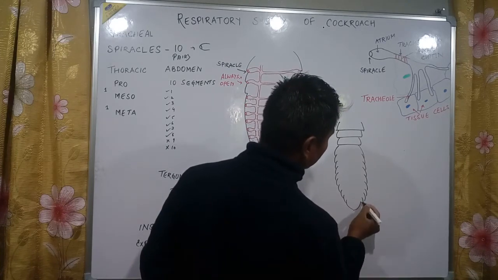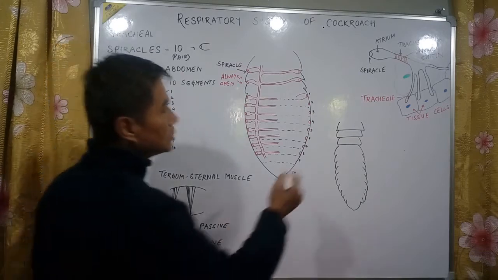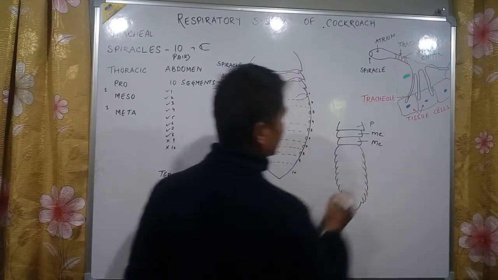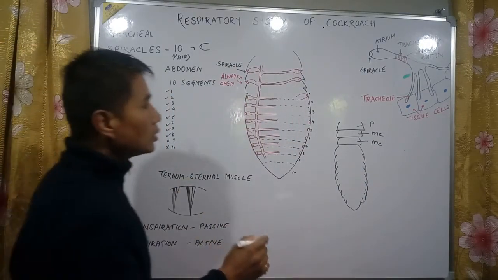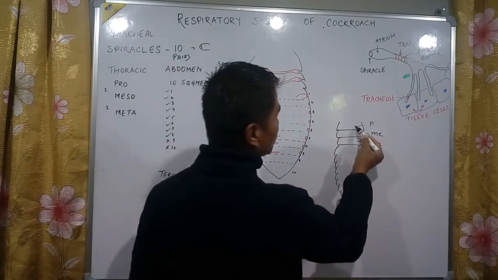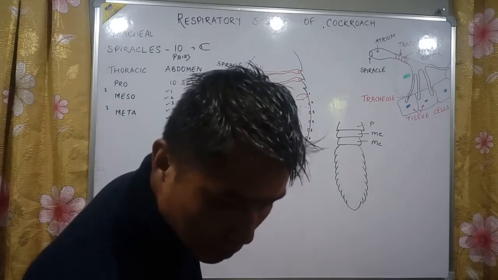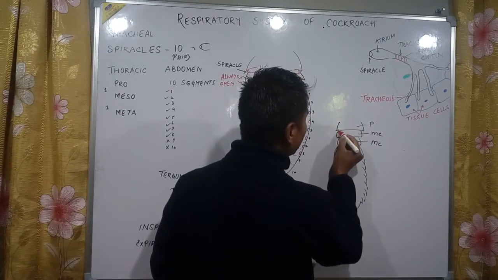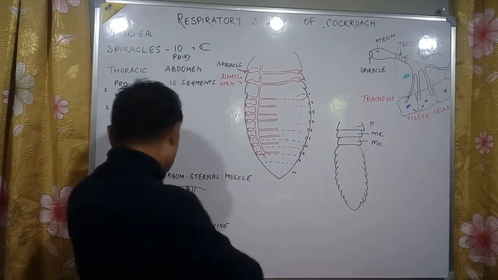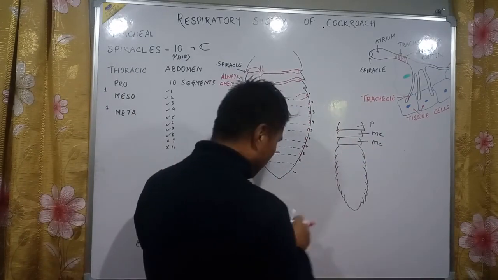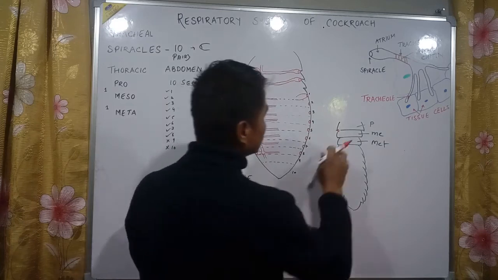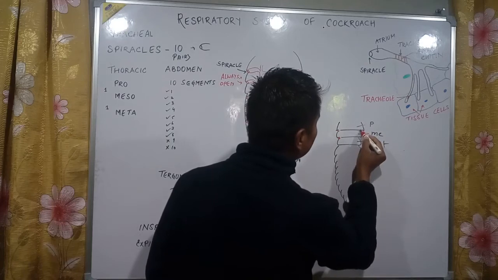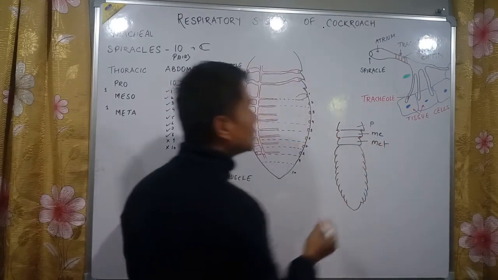Now this is prothorax, this is mesothorax and this is metathorax. Between the prothorax and mesothorax, one spiracle is present. Another opening is between the mesothorax and metathorax, that is at the junction.